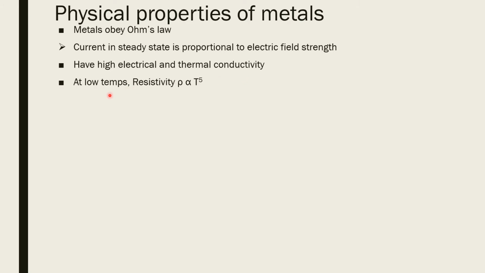At low temperatures, the resistivity ρ is proportional to T raised to 5. At high temperatures, ρ is proportional to temperature. For many metals, ρ is proportional to 1 by P.